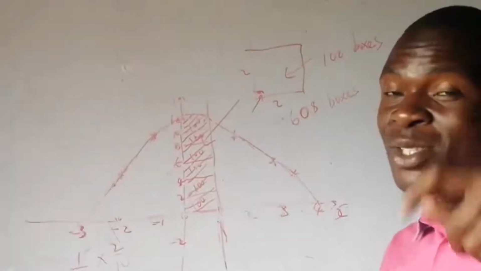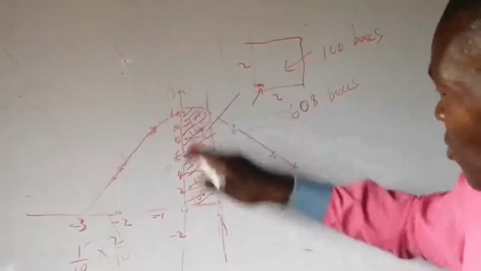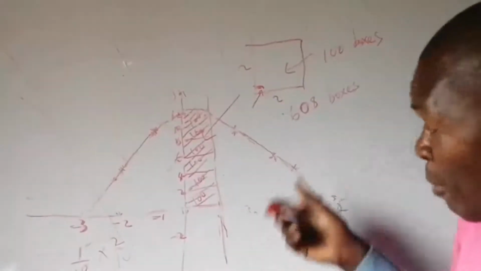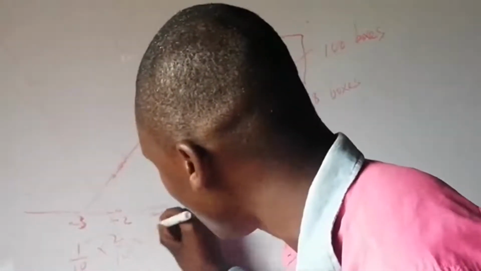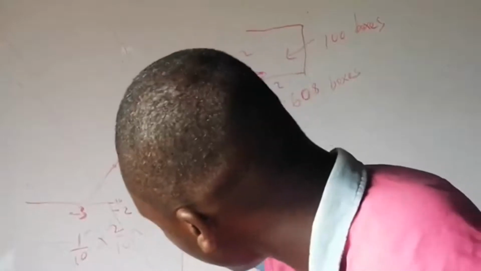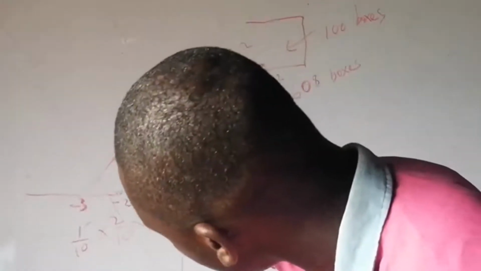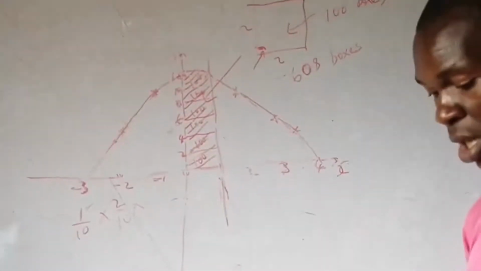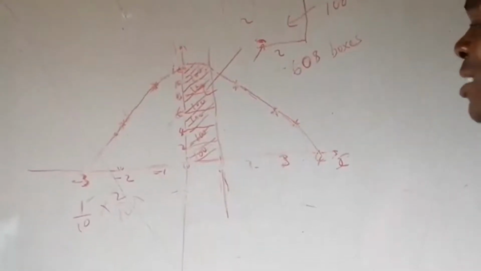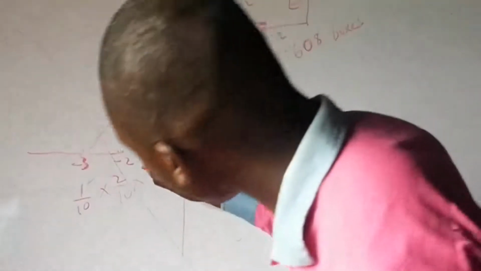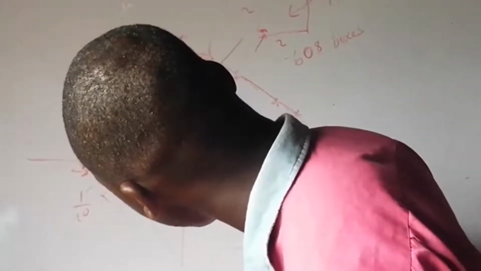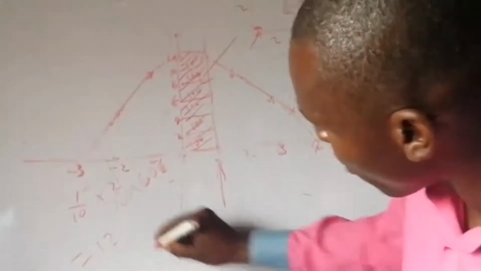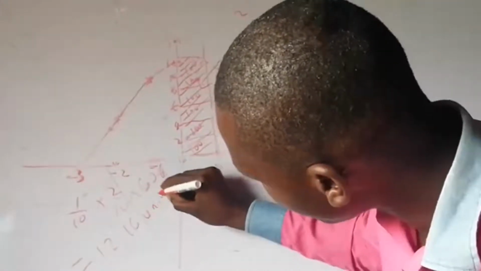So to find the total area of this region, you say 1 over 10 times 2 over 10 times the total number of boxes, 608, and you find that the area is 12.16 square units.